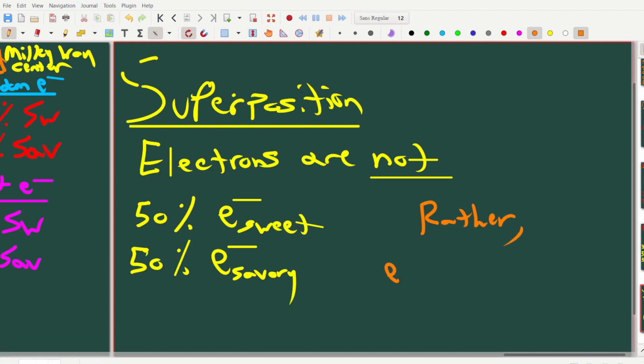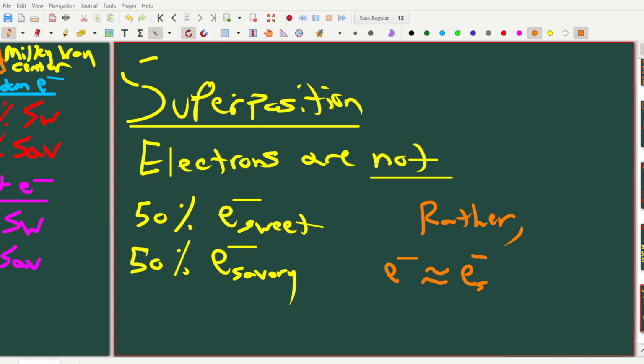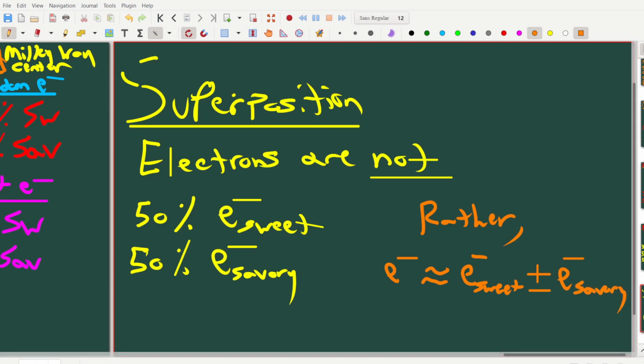an electron, not exactly, but I'm going to say approximately, is equal to sweet plus or minus savory. And the actual electron is a combination, or a superposition, as we call them, of the sweet state and the savory state.